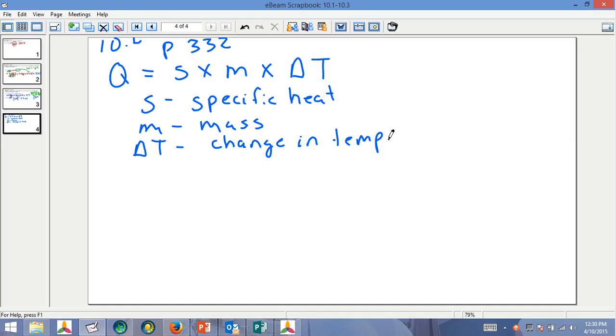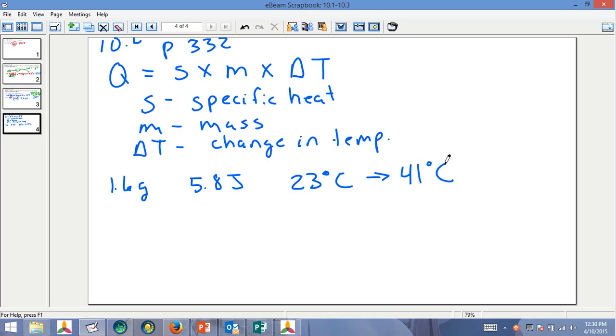Example 10.4 says you have a 1.6 gram sample of a metal that has the appearance of gold, requires 5.8 joules of energy to change its temperature from 23 degrees Celsius to 41 degrees Celsius.